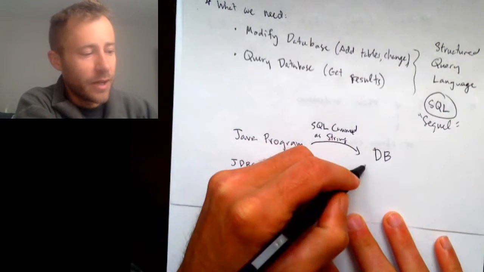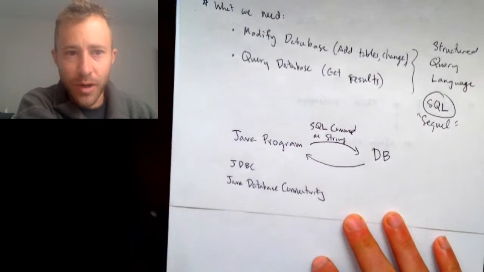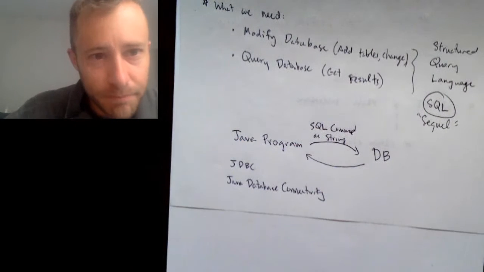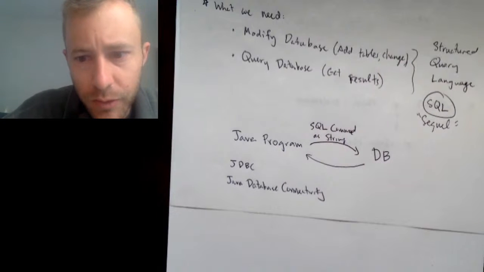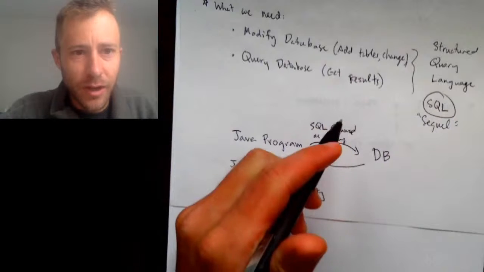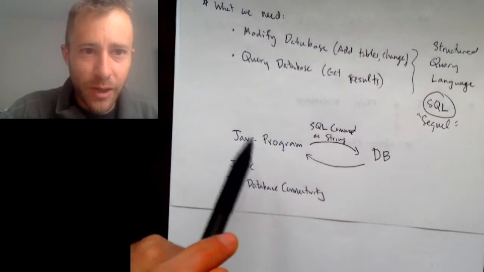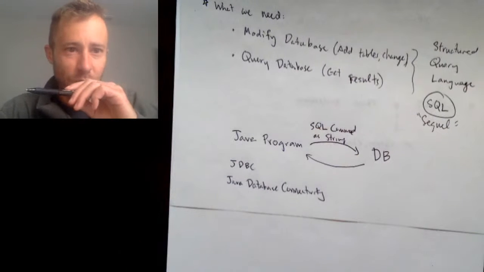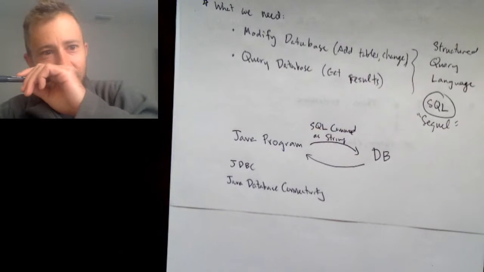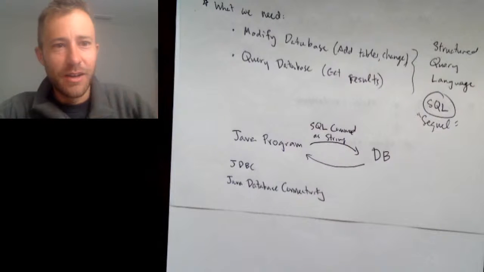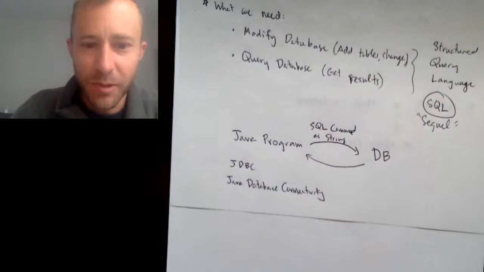And then the database will pass stuff back to the program, and then we can do whatever we want with it. Okay? Yeah, it's kind of cool. We're going to be using one programming language to pass another programming language to give a database a command in a different programming language.